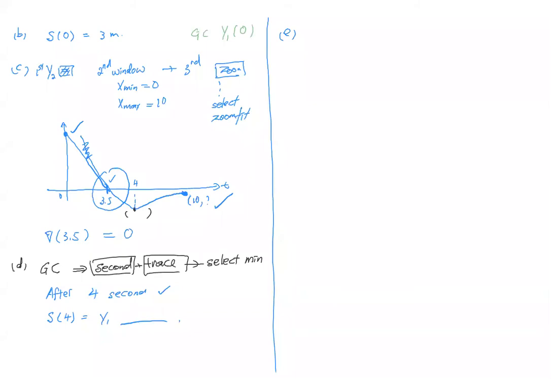Okay, what is velocity? Velocity is the rate of change of displacement, correct? Yeah. So that means if y1 is displacement, y2 will be dy1 over dx, correct? So it's the rate of change.